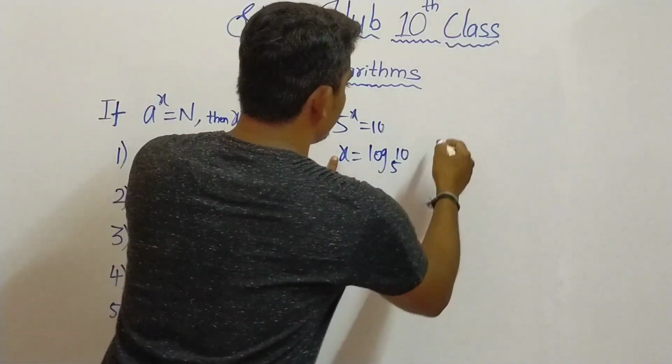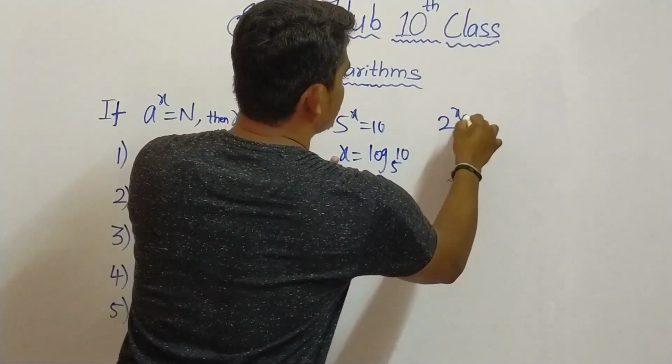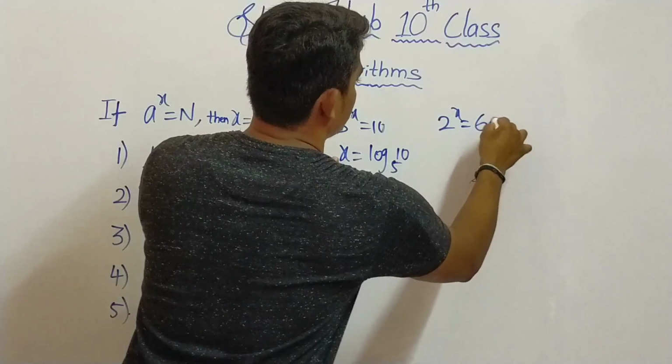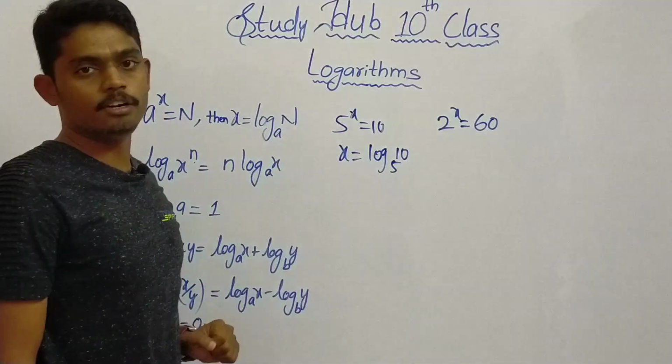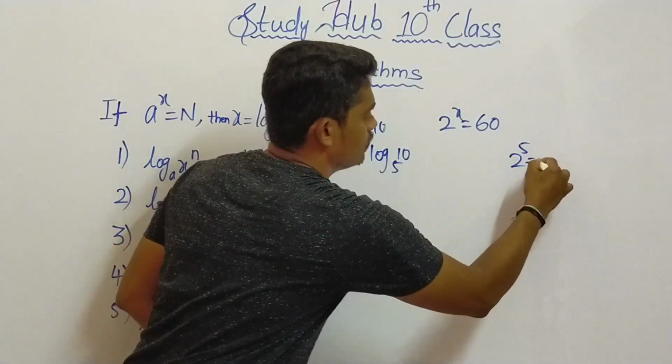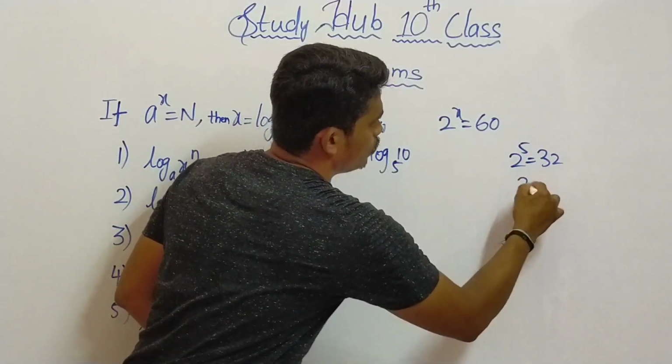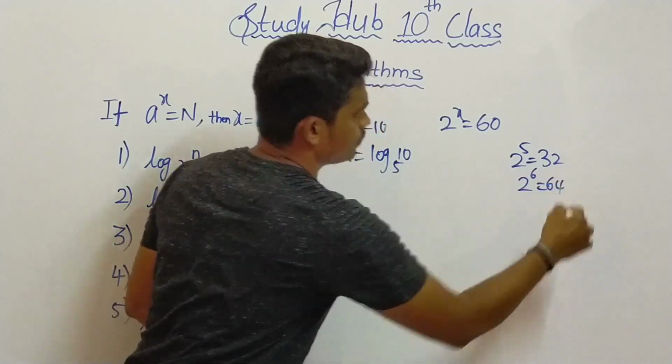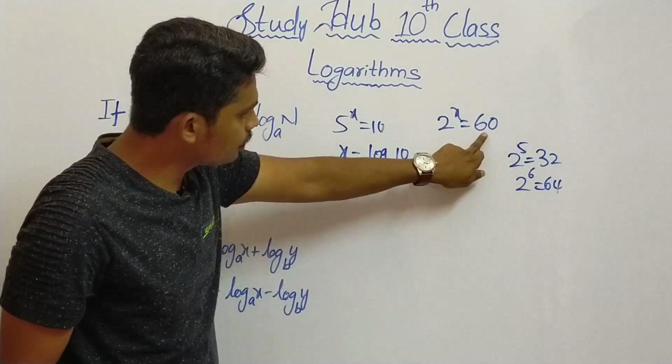Let us take one more example. If 2 power x is equal to 60, then we need to find the value of x. Generally, 2 power 5 is 32 and 2 power 6 is 64. If we have 32 here, we can directly say the x value is 5.